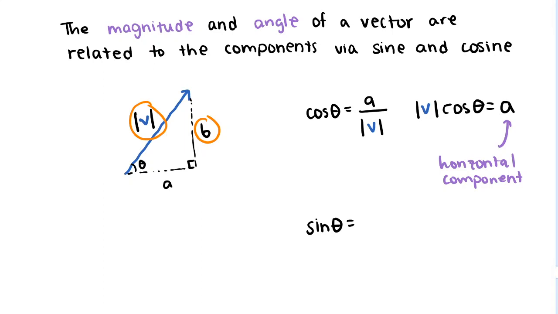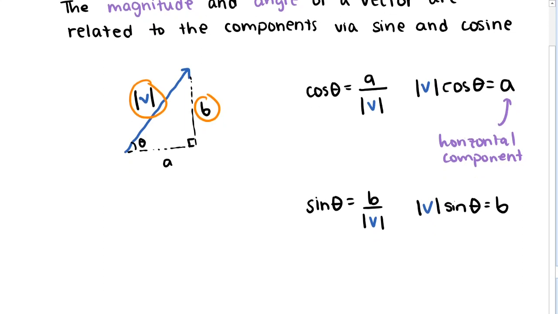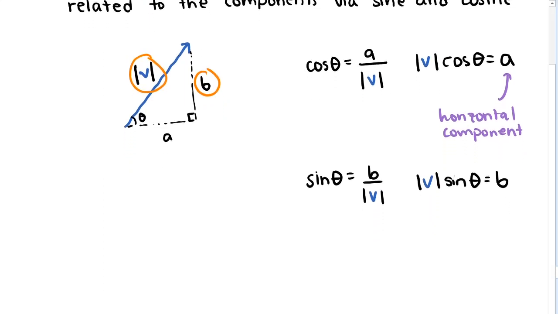This gives us B, the vertical component of the vector, divided by the length of the vector, the magnitude of v. Again, we can move some terms around, multiply both sides by the magnitude of v, whatever number that is, and we get the magnitude of v, the length of the vector, multiplied with sine of theta, is exactly the vertical component of the vector.